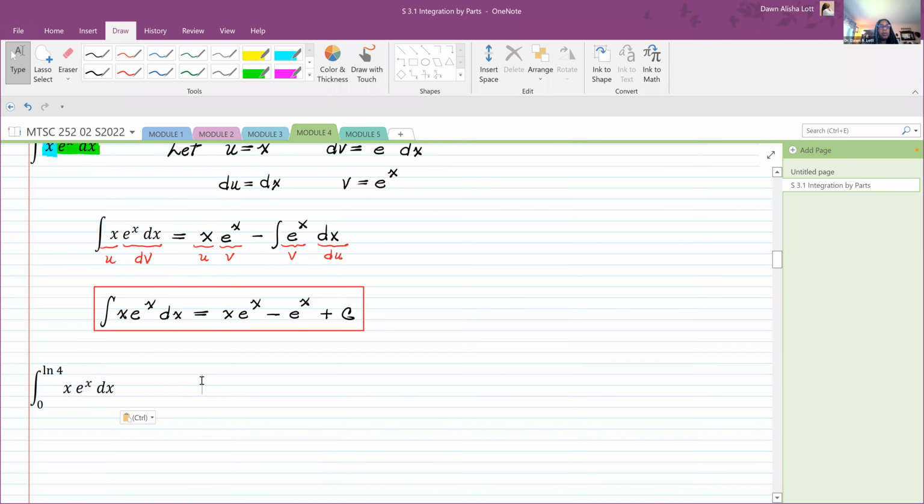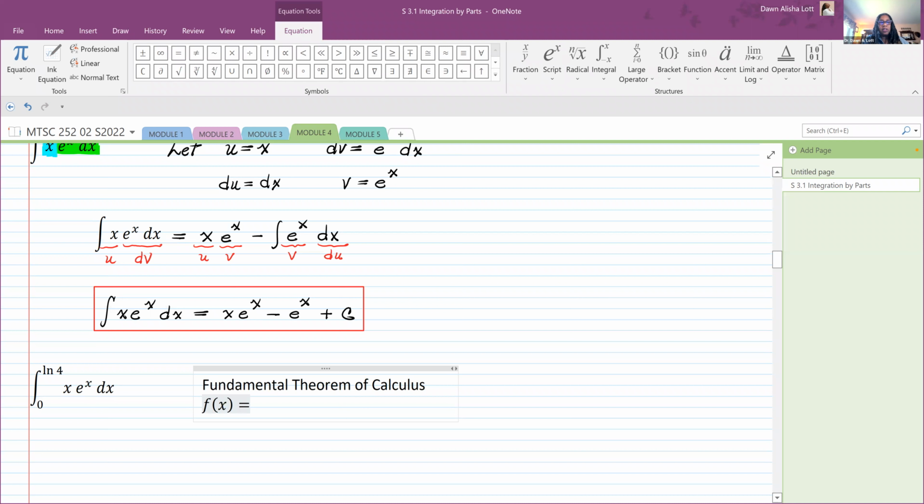Okay, so here's where we're going to use the fundamental theorem of calculus. What's our function? Our function f of x is simply x e to the x. That's it.